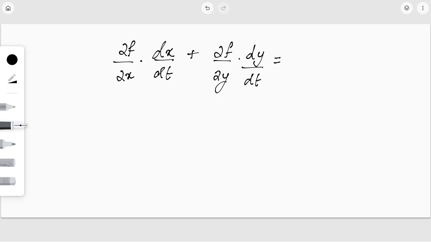And f of x, y was equal to c, some constant. What is the derivative of the constant? It will be 0. After we parameterized the x and y variables, we got this particular equation.